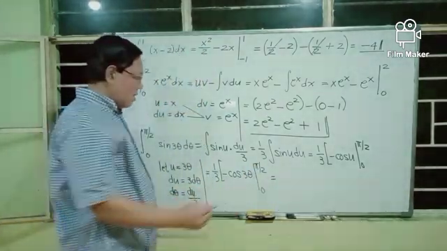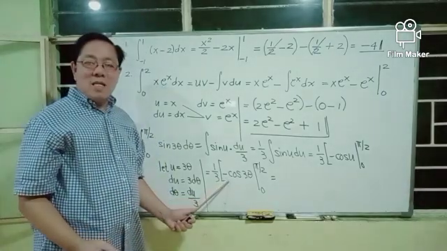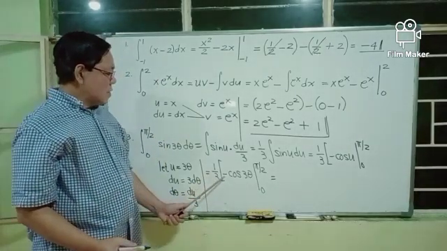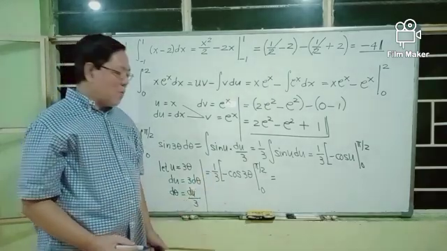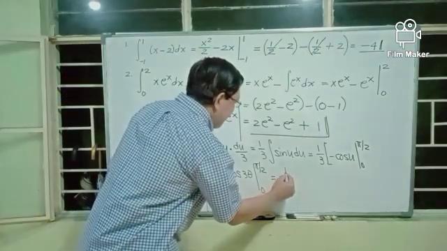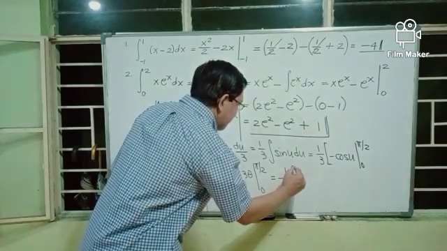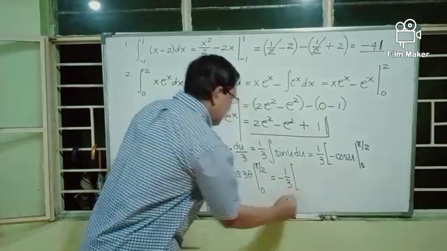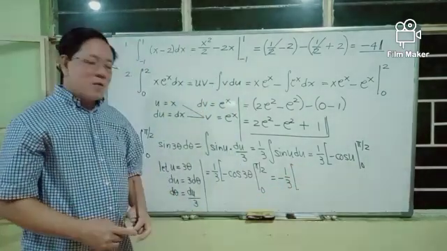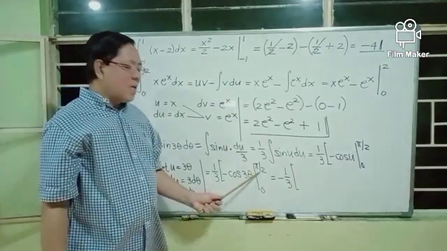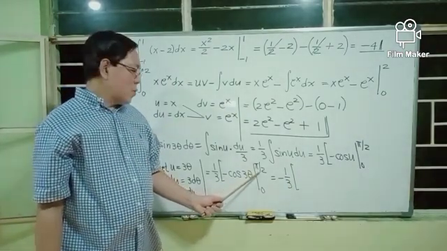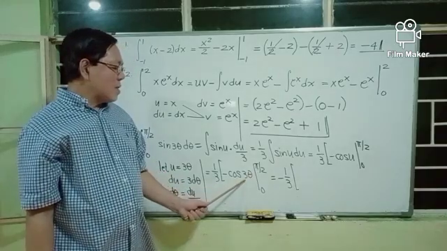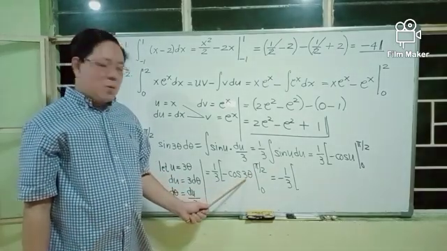Equals 1 over 3. Again, you can take the negative sign out. Multiply negative by 1/3, negative 1/3. We evaluate cosine 3 theta now, beginning with theta equals pi over 2. Pi over 2 multiplied by 3, you get 3 pi over 2.